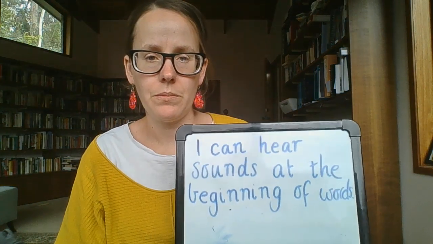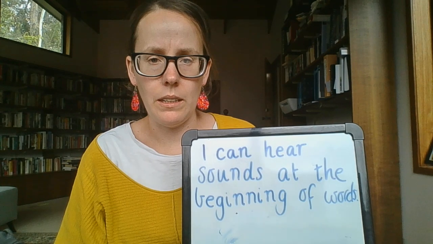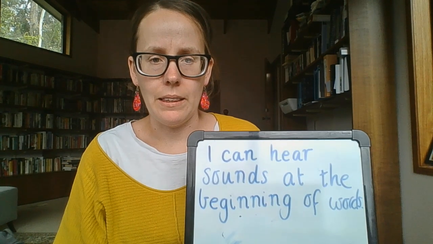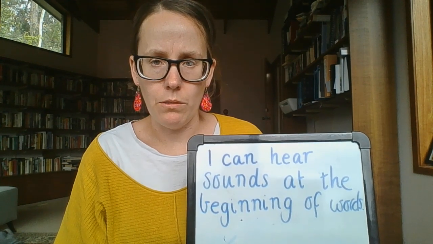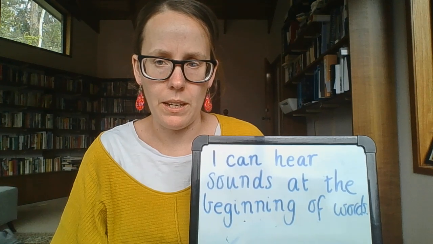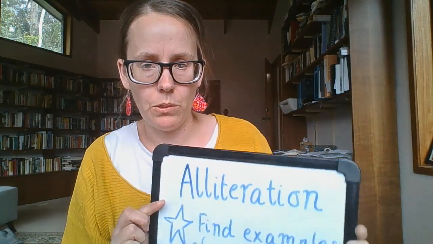So that's exciting. All right, for reading today, our learning intention is I can hear sounds at the beginning of words, so those first sounds. And we're going to do that by looking at something called alliteration.